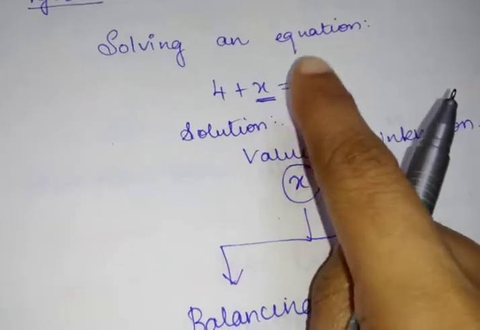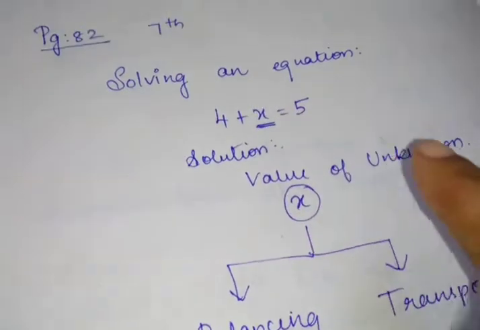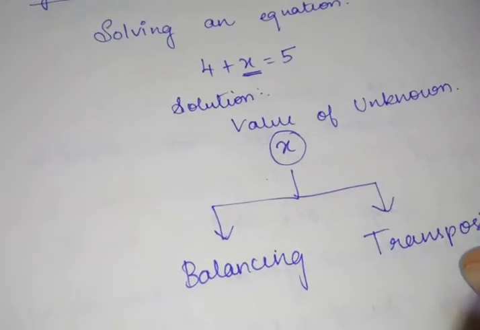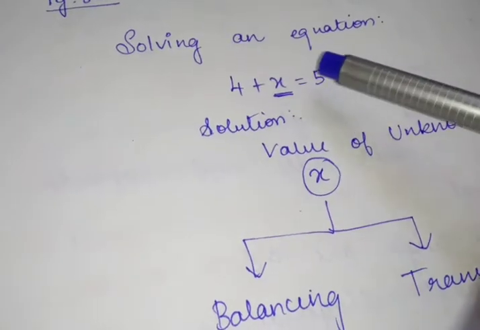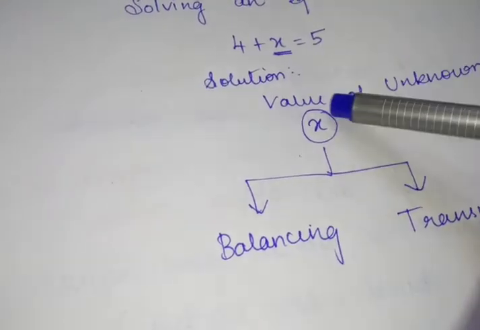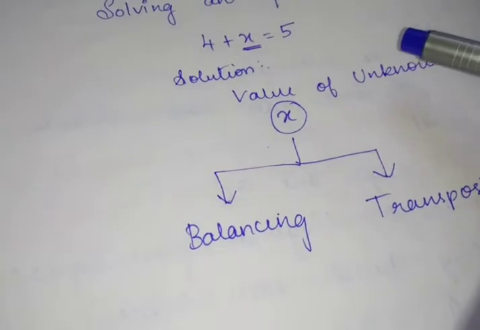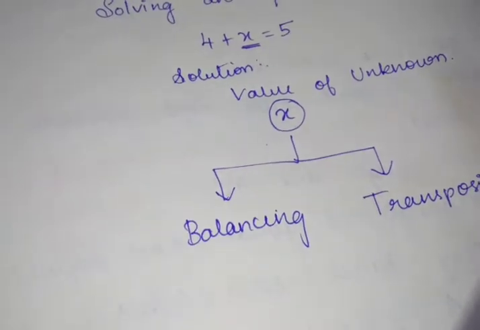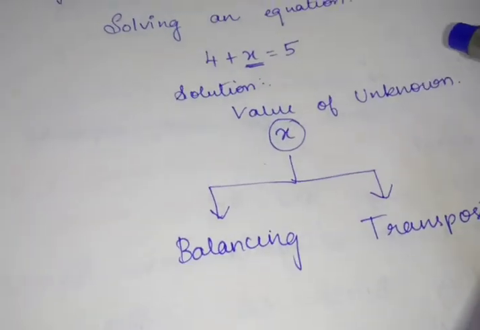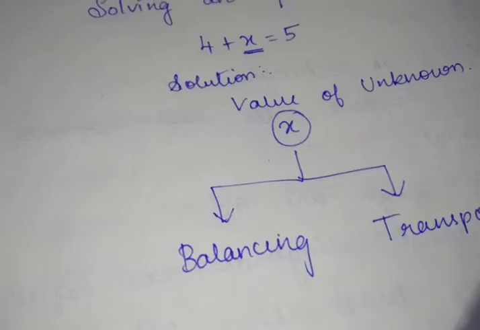If there is a variable in an equation, the value of that variable is the solution for that equation. So here what is the variable? X. X value is the solution for this equation. Sometimes it will be y, so the value of y is the solution for that equation. Sometimes it will be a, b. It depends upon the equation.